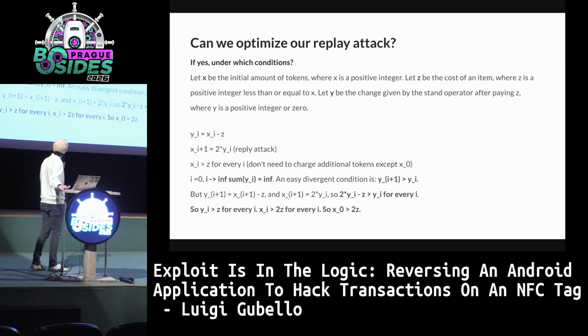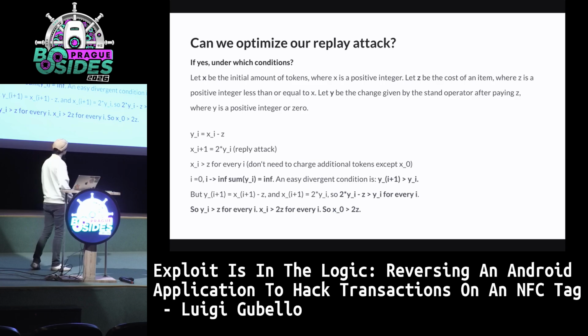We have an initial amount of tokens X. We know that an item costs Z, and we know that X needs to be higher than Z. What I tried to understand was whether I can optimize my replication attack using math, and the answer was yes.